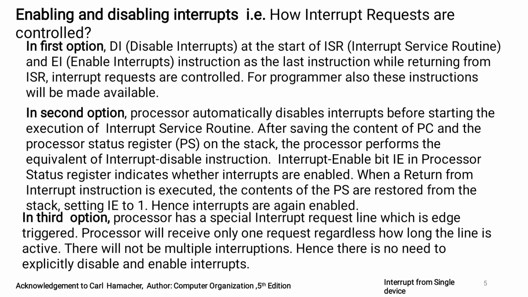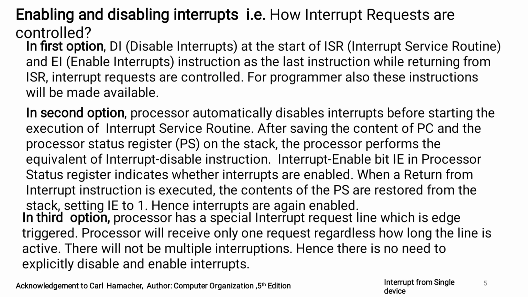In the third option, the processor has a special interrupt request line which is edge triggered. The processor will receive only one request regardless of how long the line is active. There will not be multiple interruptions. Hence, there is no need to explicitly disable and enable interrupts. The INTR bar line we saw in the interrupt hardware is here a special line, edge triggered.